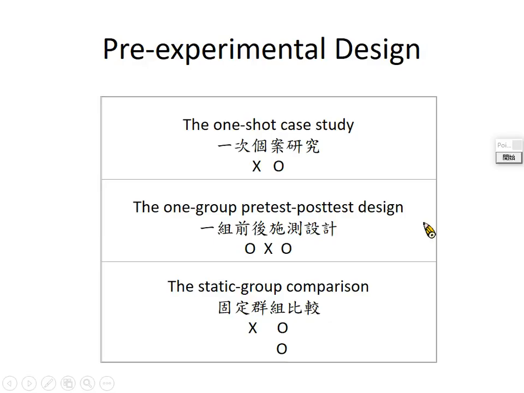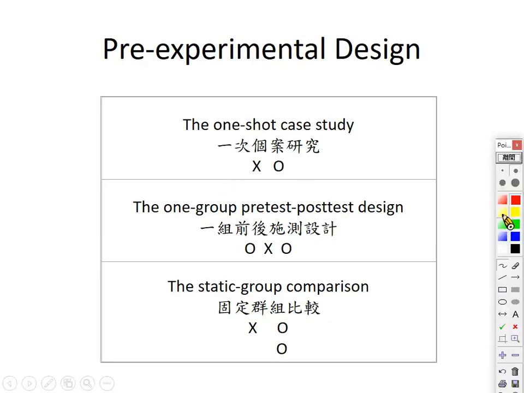So treatment, in our research design, we call an active variable. Still remember that? Active variable, we can manipulate. So we manipulate, we put it into action. So this is called treatment. And the sequence denotes the time order, before and after the treatment, right?